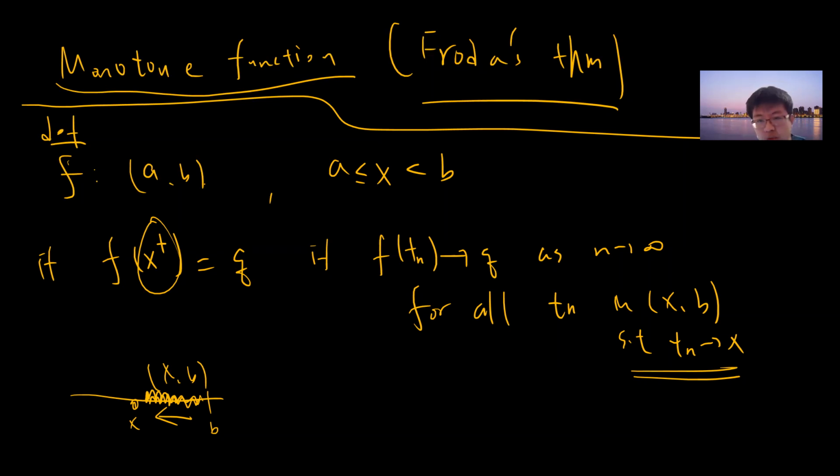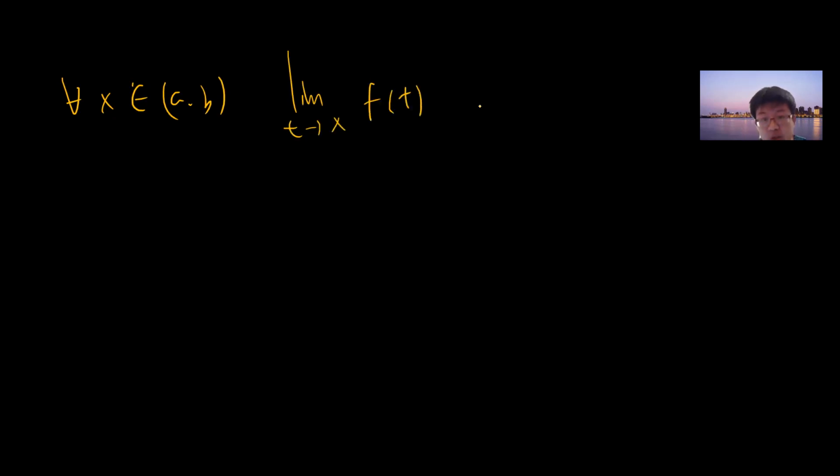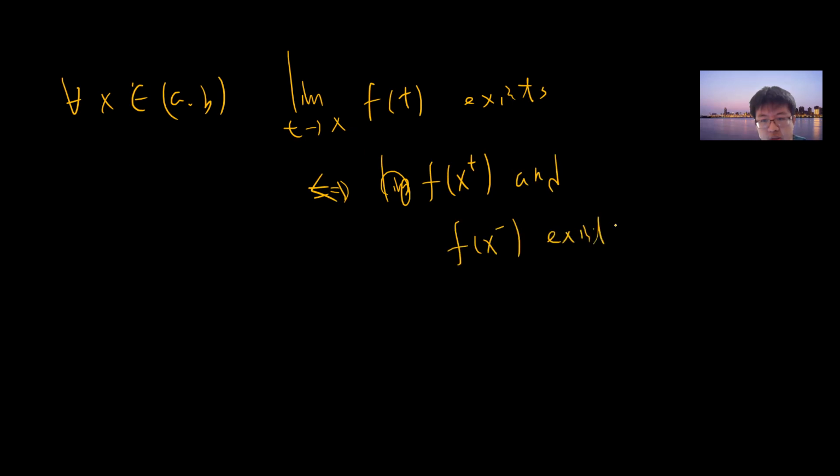Then you can define the same thing for f(x-), where all the sequences come from the left, from [a, x), and try to approach x. Obviously, for all x in (a, b), the limit of f(t) as t approaches x exists if and only if f(x+) and f(x-) exist and they are the same.